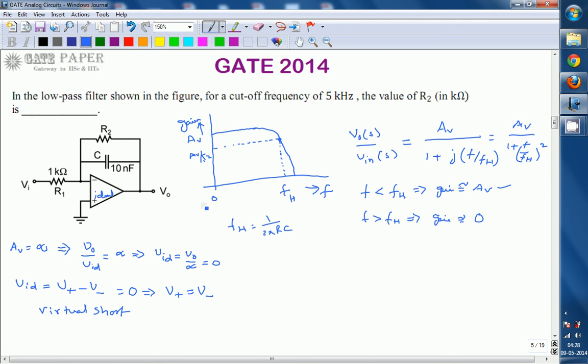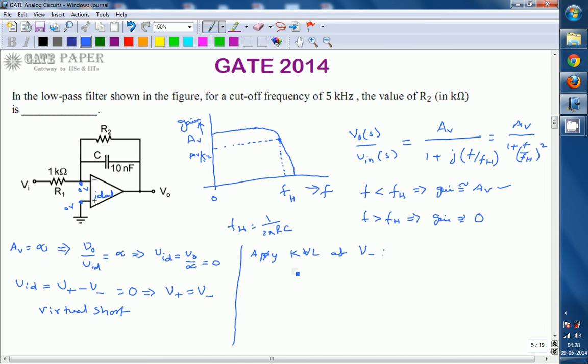In this case V plus is given as 0 volts, so V minus is also at 0 volts. So apply Kirchhoff's voltage law at the inverting terminal, V minus.